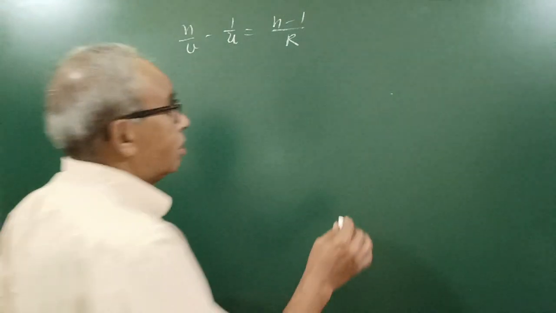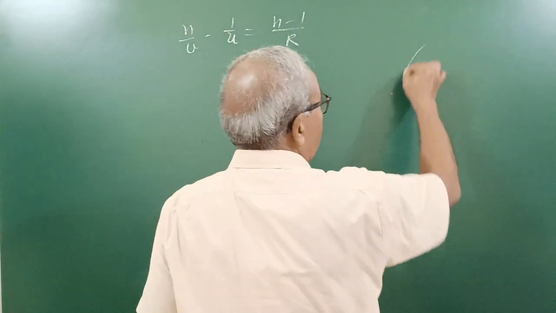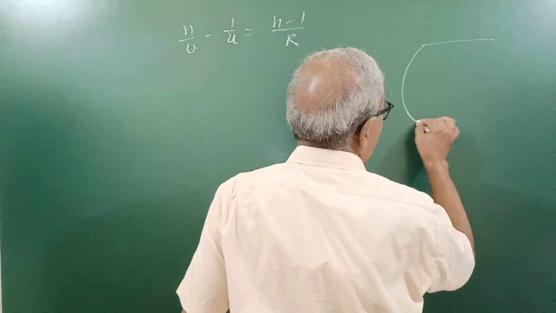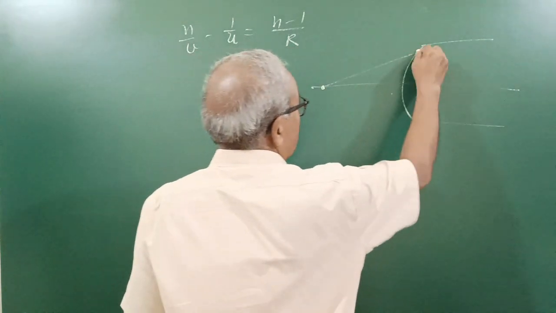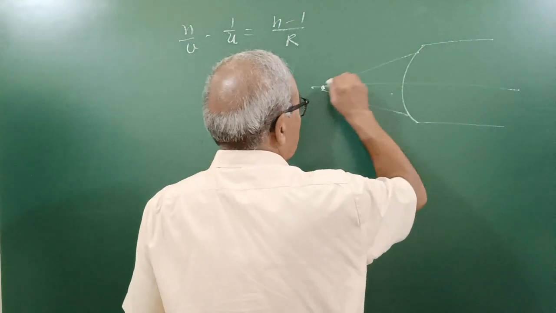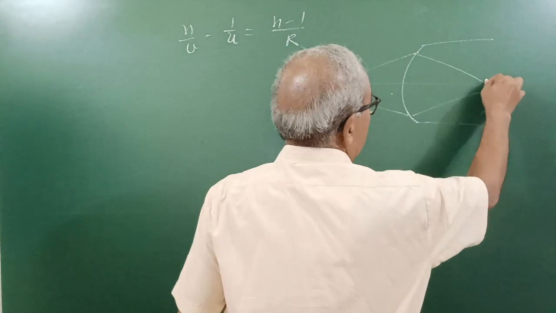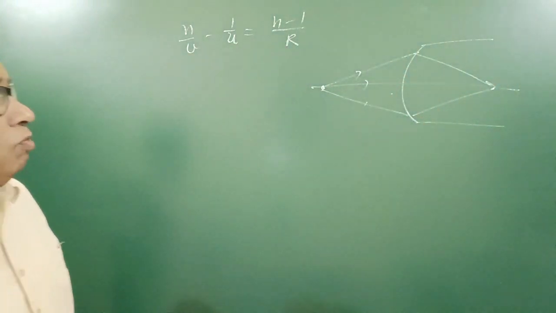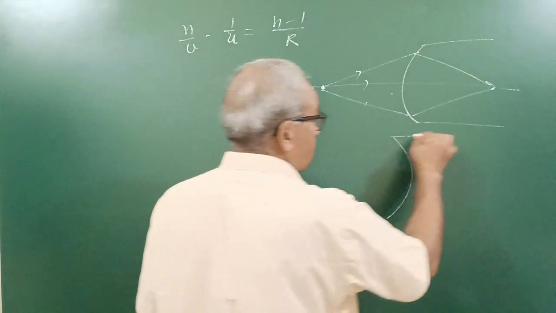So, spherical surface. It was a convex surface, and here, if we place the object somewhere, the rays going diverging will be converging. We get a real image, or it was a concave surface.